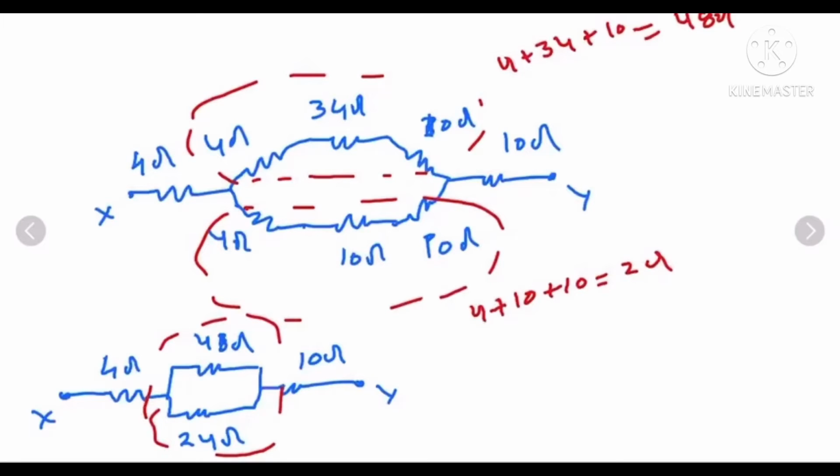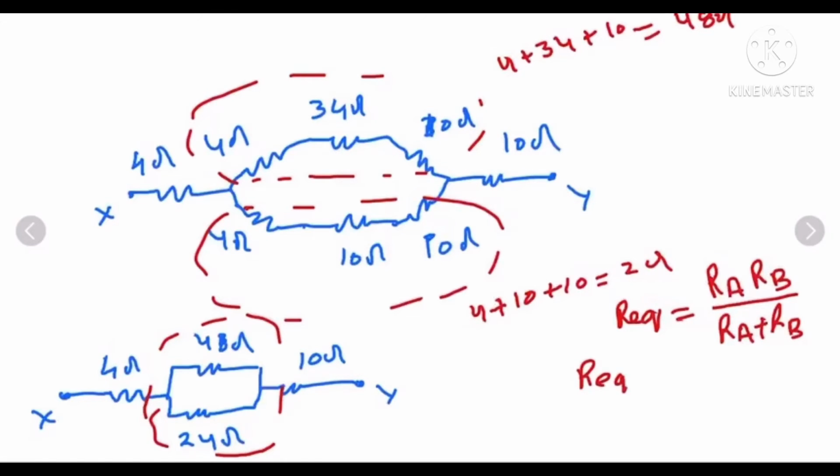So we will apply the formula we have learned for parallel circuits: multiplication of resistance divided by addition of resistance. So Ra into Rb divided by Ra plus Rb. R equivalent will be 48 into 24 divided by 48 plus 24, that is going to be equal to 16. Okay, so we will again draw the equivalent circuit.